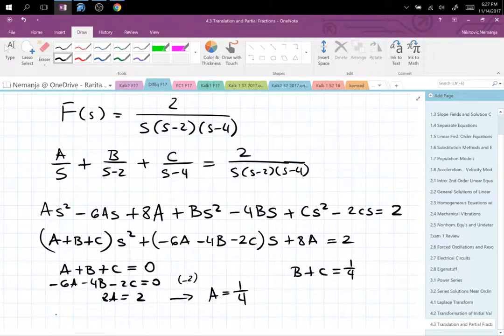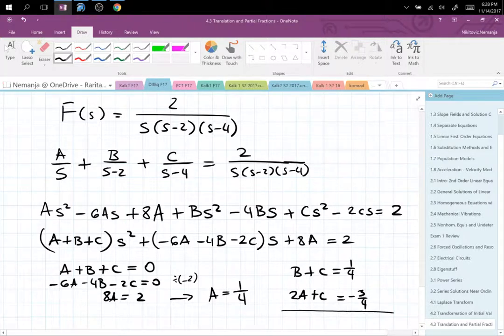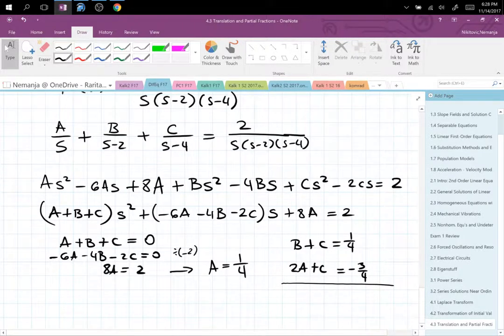Is everything good? Yeah. Alright. So now when I divide by negative 2, this becomes a 3. So 3/4. So negative 3/4 on this side. That's for a. And then this is 2a plus c. There we go. And now I subtract equations.